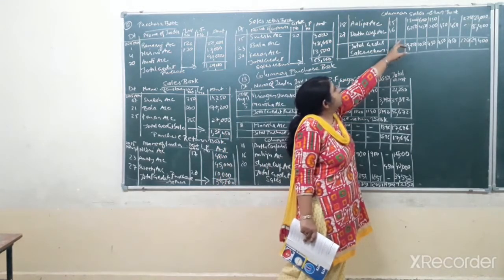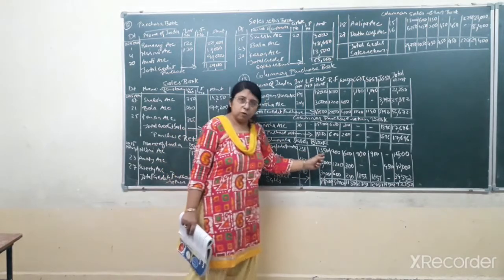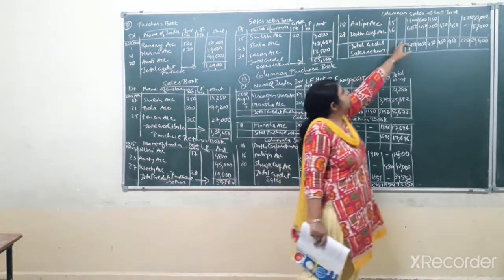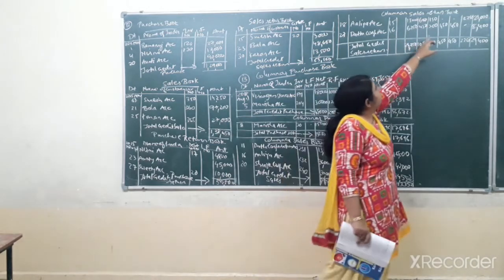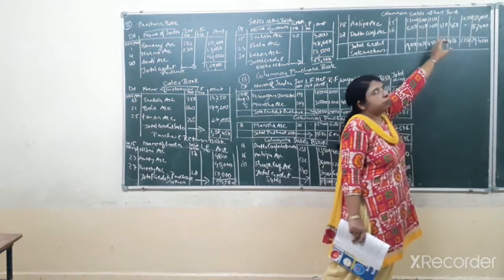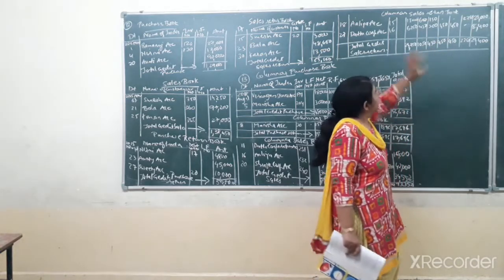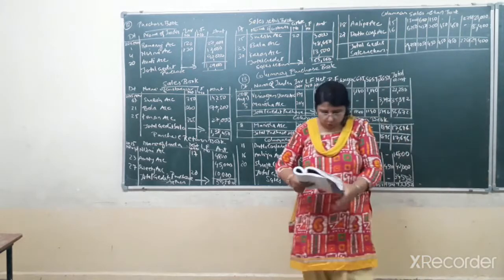Half of 13,500 would come to 6,750, half of 900 would come 450, half of 600 would come 300, and half of CGST and SGST would come 450 and 450. The total of all this amount would come to 8,400.